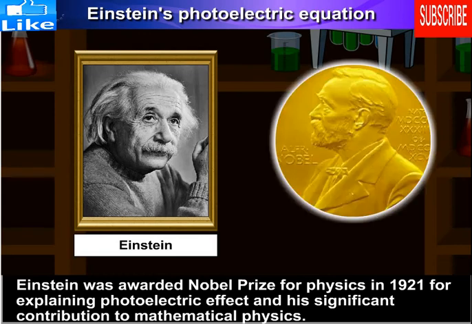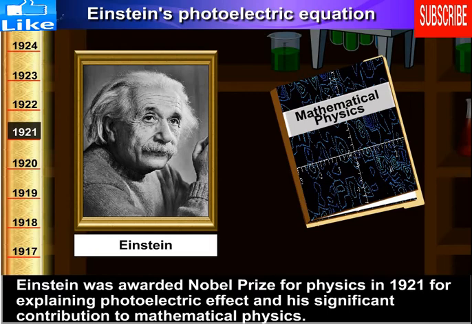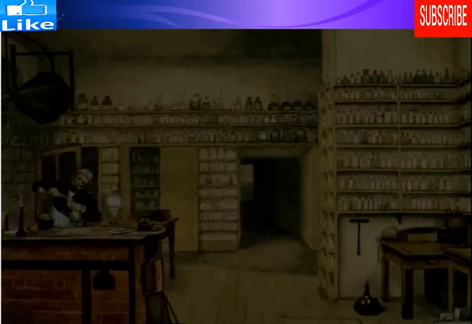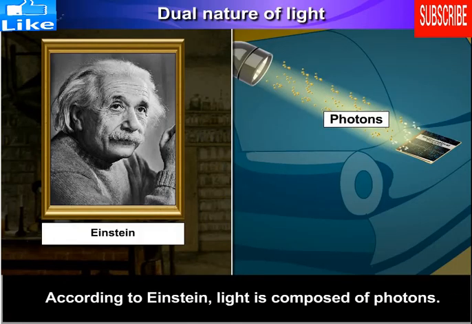Einstein was awarded the Nobel Prize for Physics in 1921 for explaining the photoelectric effect and his significant contribution to mathematical physics. Dual nature of light. According to Einstein, light is composed of photons.